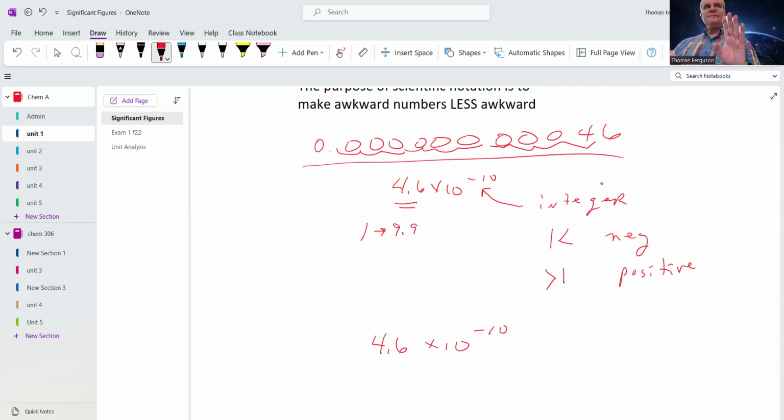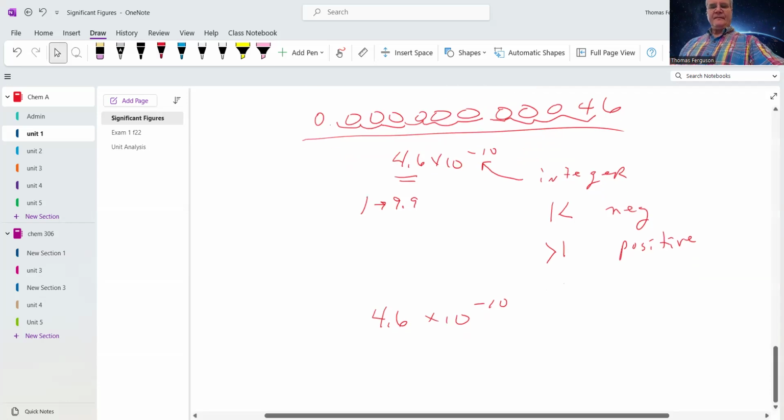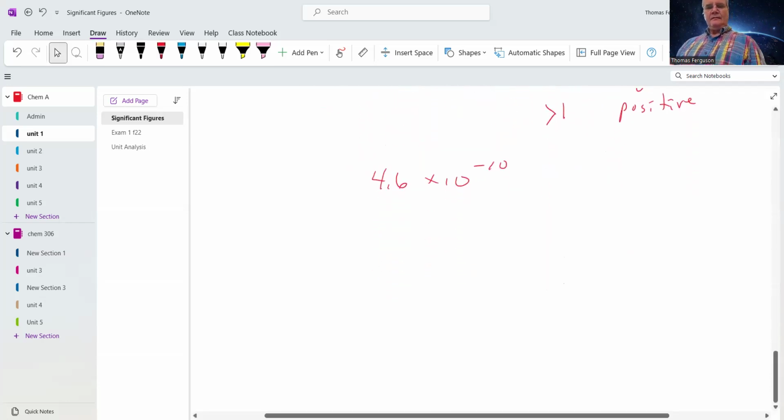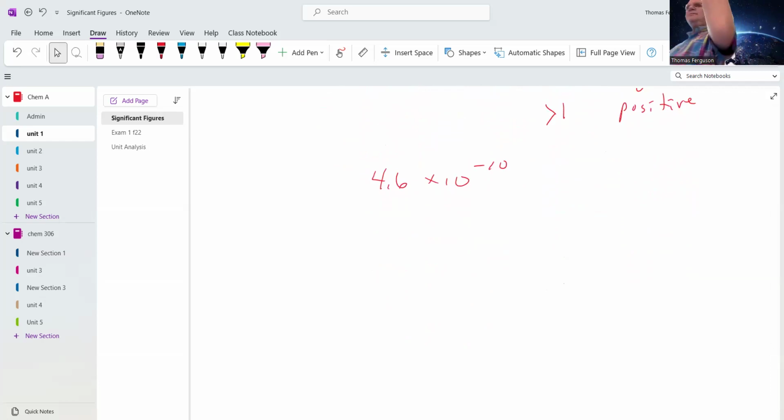Everyone okay with that? Now, a trick question frequently on tests, sometimes on my tests, I'll say, convert these numbers to scientific notation. And one of the numbers is like 5. How will we convert that to scientific notation? First of all, it's not scientific notation because there's no exponent in there. This is where your question comes up.